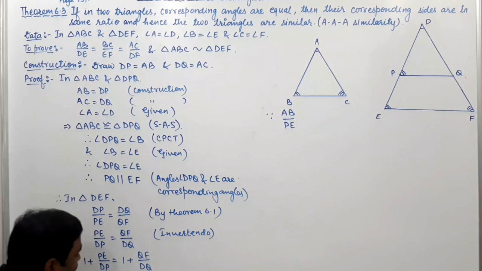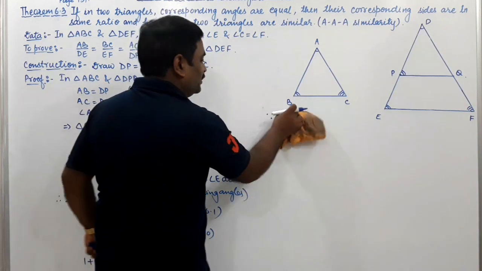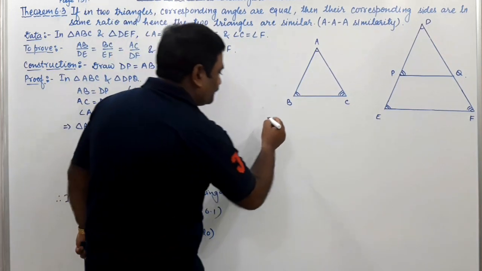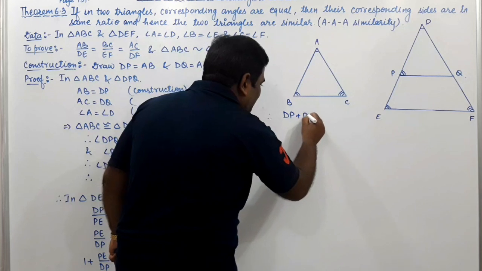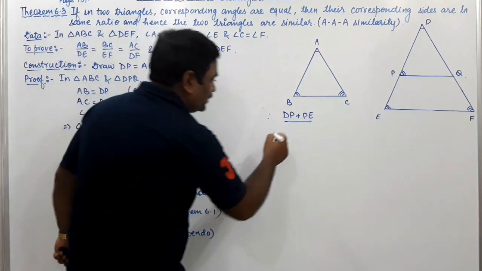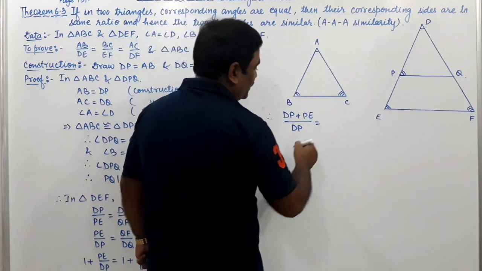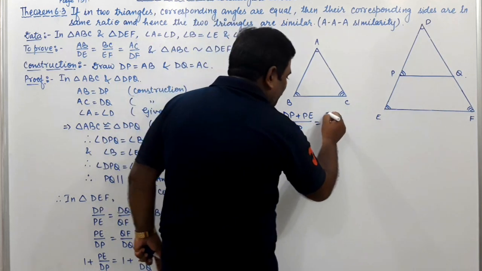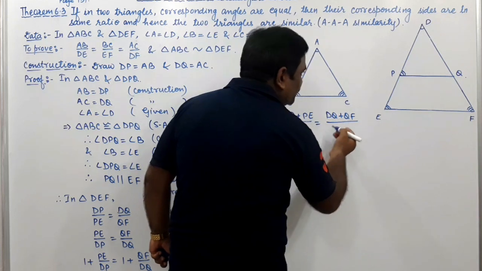When you add 1, this is by componendo rule, so you will get DP plus PE upon DP equals DQ plus QF upon DQ.